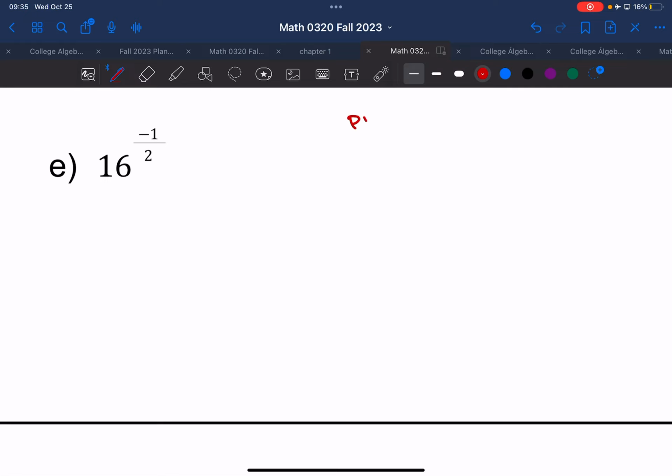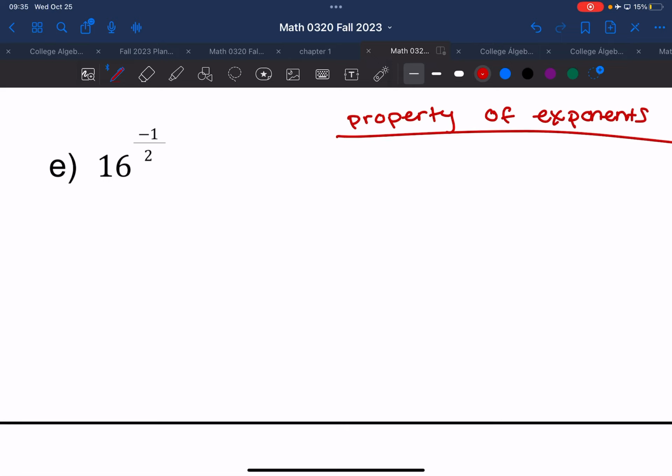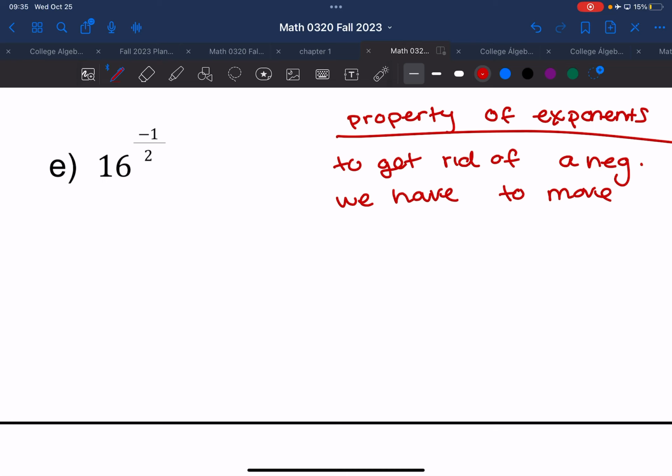This is a property of exponents. To get rid of a negative, we have to move the entire problem to the denominator.